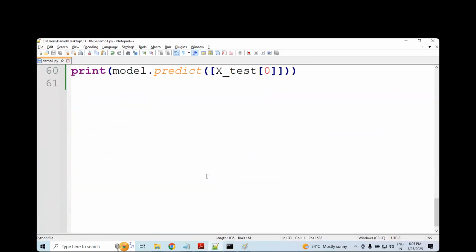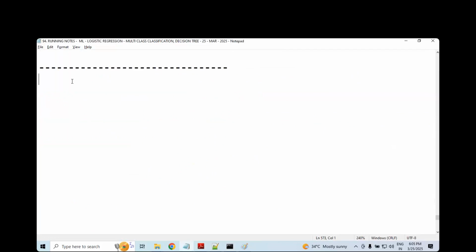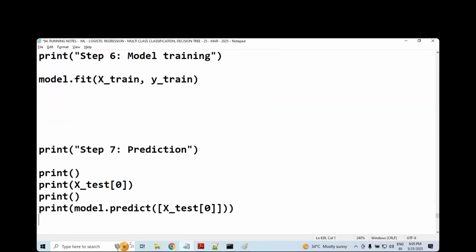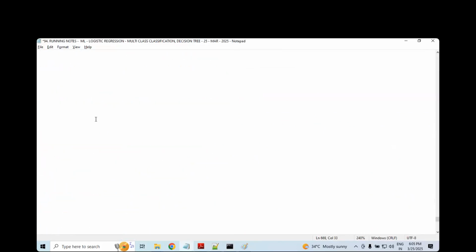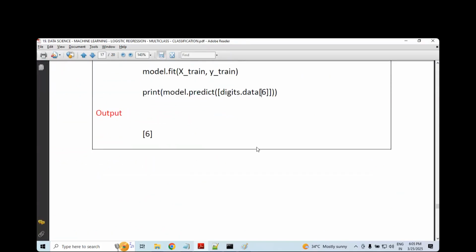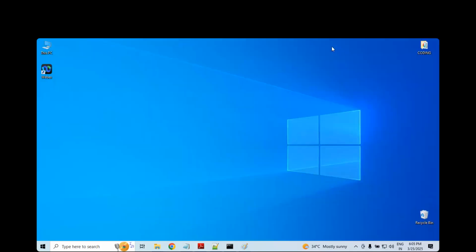Now let's take this example. Steps from 1 to 7. Let me talk with the online team.